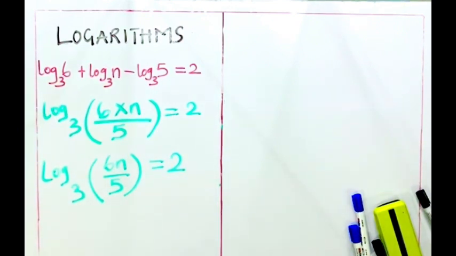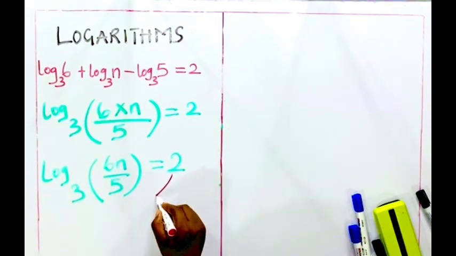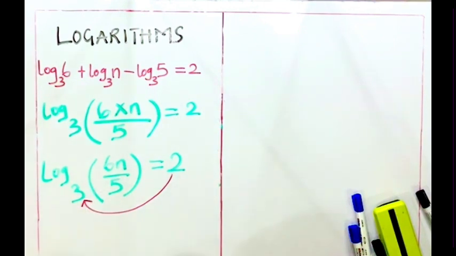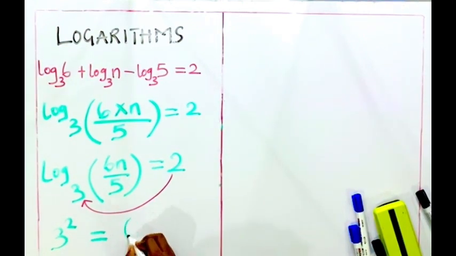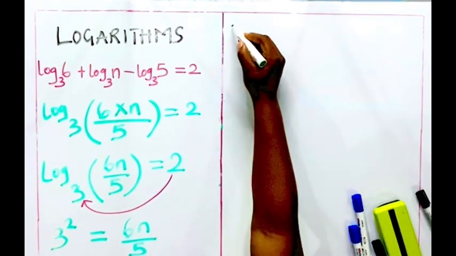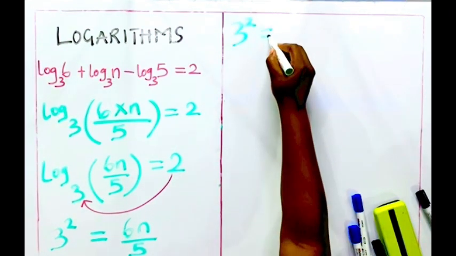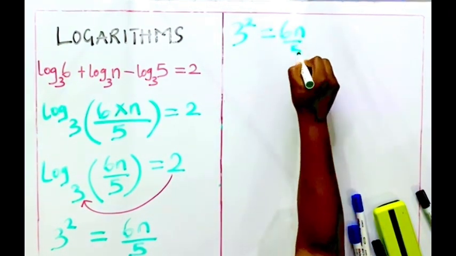When you get to this level, remember what you did in our very first example. You take 2 to base 3, and what you have is 3 raised to the power of 2 equals 6n over 5.